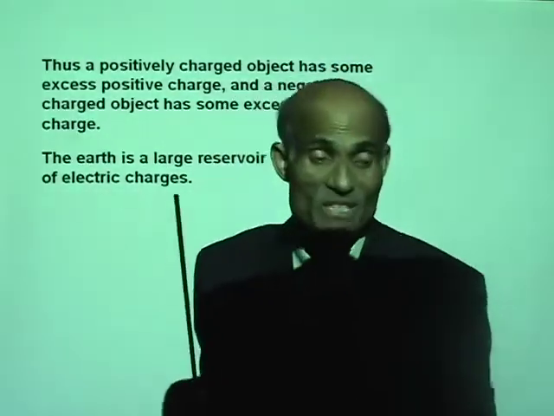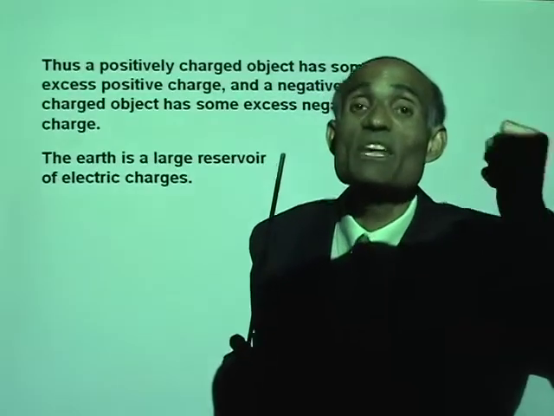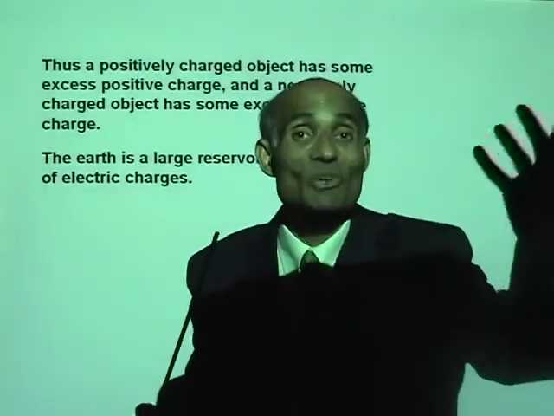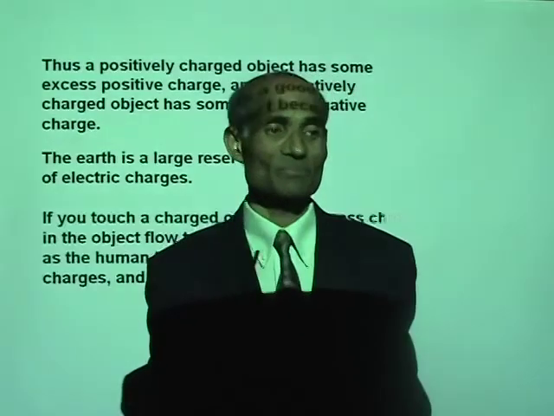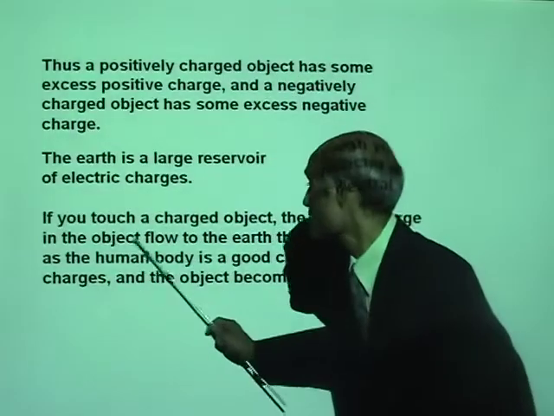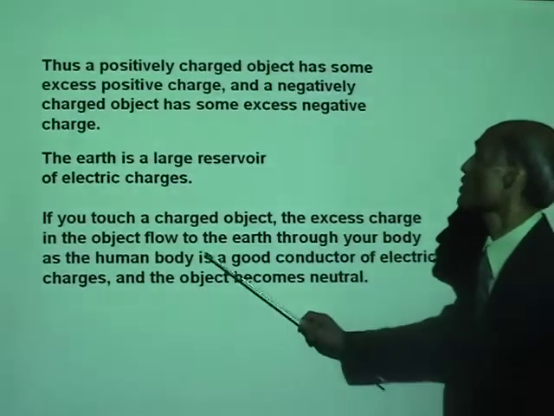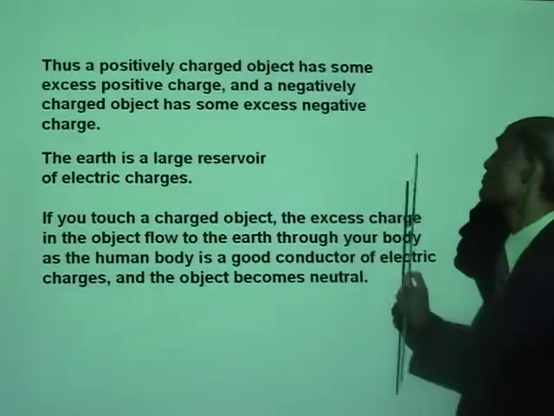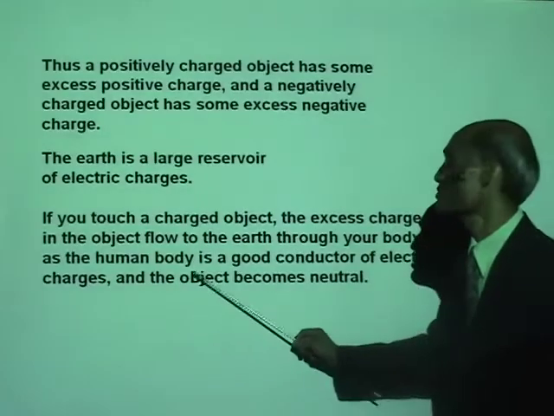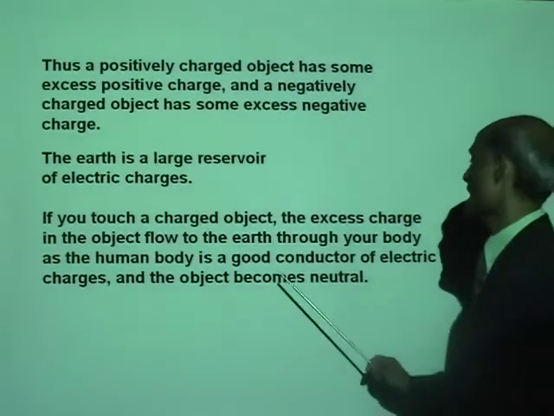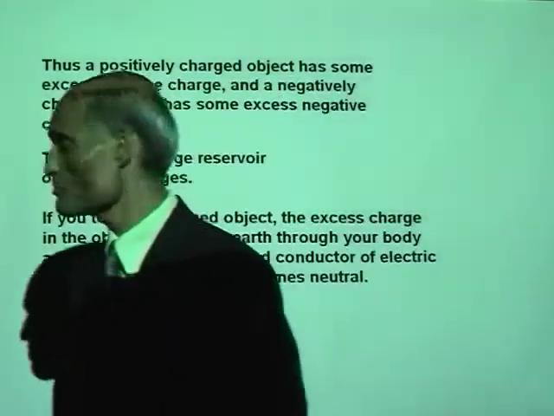The net result of connecting anything to the ground is that it will get neutralized. So, if you touch a charged object, the excess charge on the object flows to the earth through your body, as the human body is a good conductor of electric charges, and the object becomes neutral.